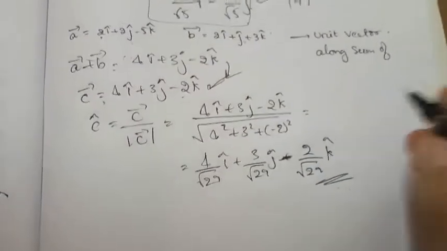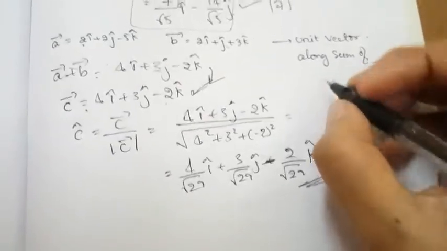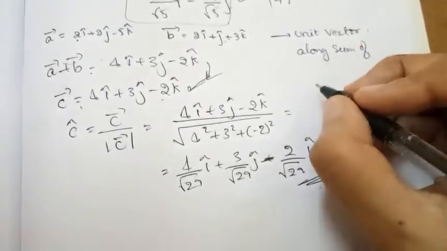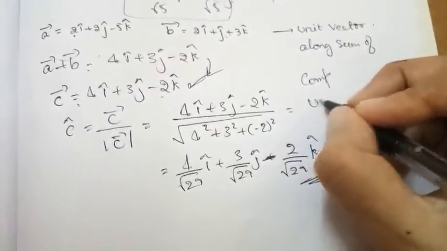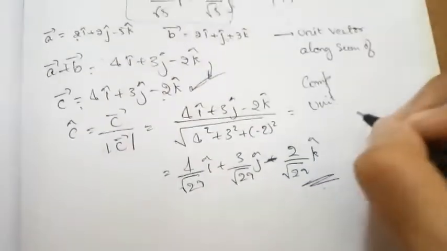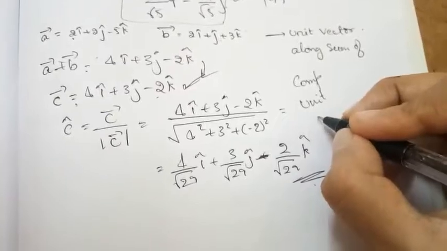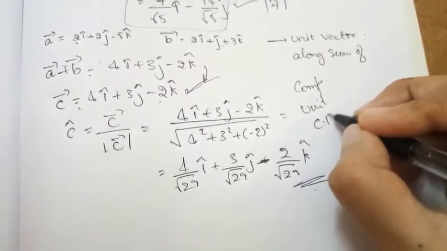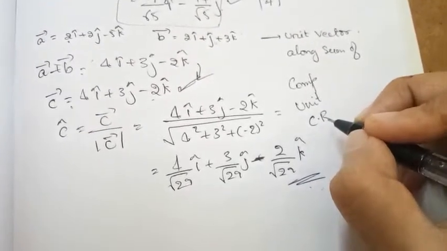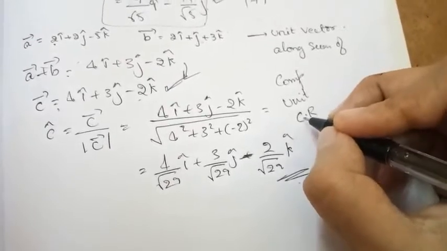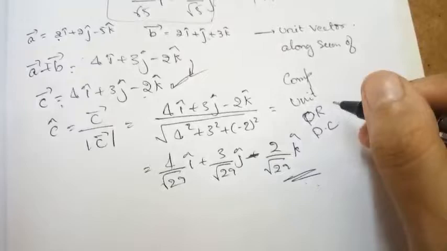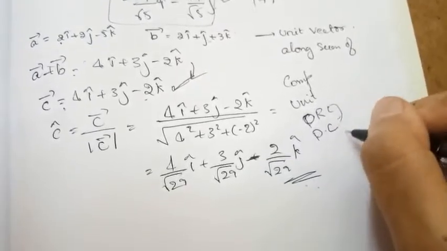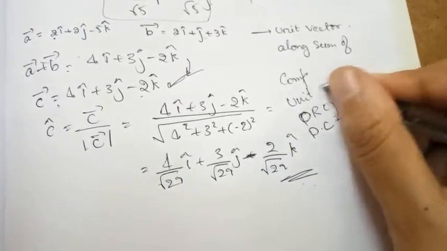So this is regarding some of the problems which I have solved to make you clearly understand the components of vectors, how we are going to find the unit vectors, direction ratio and direction cosines of any vector, and the relation between direction cosine and the unit vector.